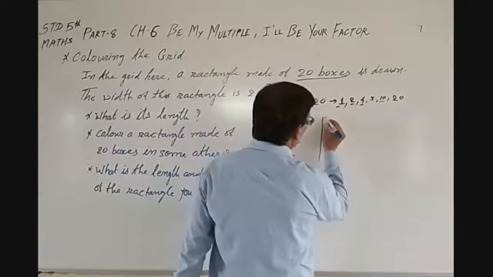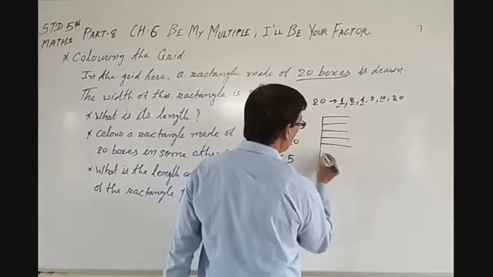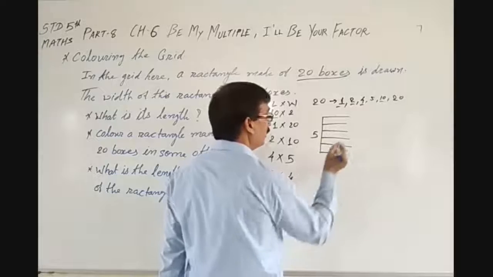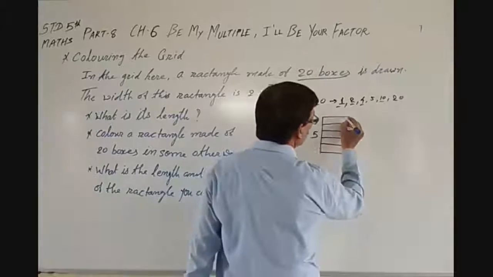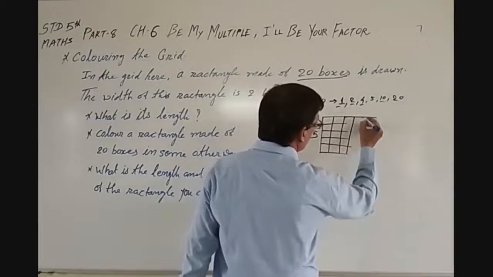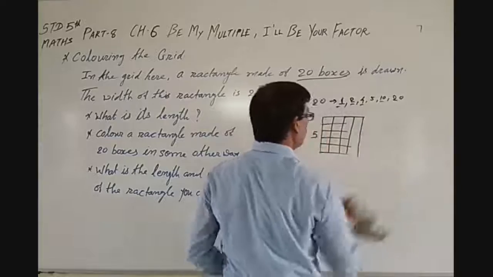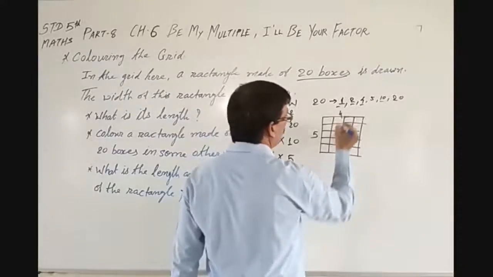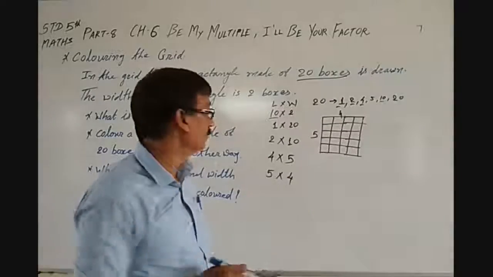So 1, 2, 3, 4 and 5. So here 5 is the length, then the column or width should be 4. So 1, 2, 3, 4. So the width should be 4, isn't it? So one more rectangle you will have to draw somewhere over here and color it.